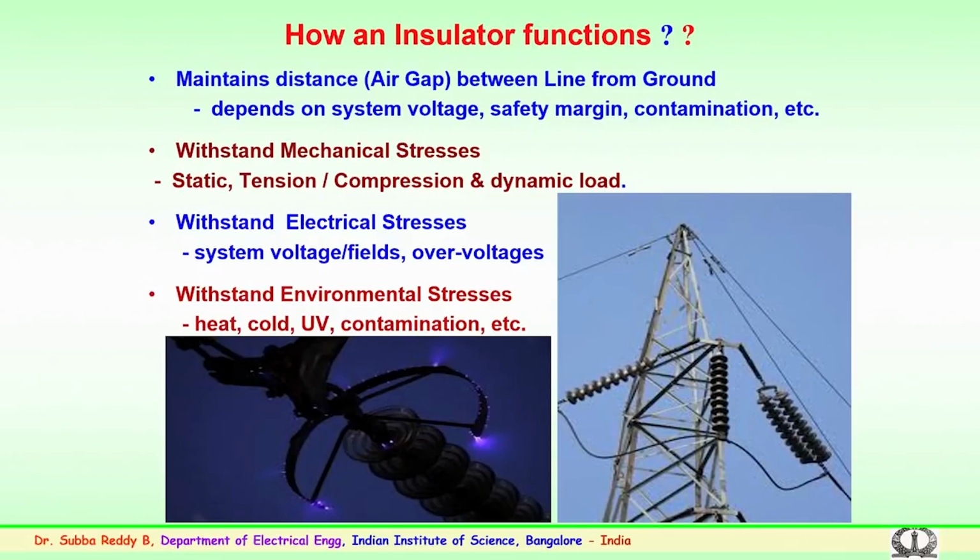Apart from lightning over voltages and switching over voltages, normal working power frequency over voltages also happen because of some conditions where the line gets disturbed. So, it could be because of normal conditions, that is the power frequency over voltages, switching, lightning, and performance under various environmental stresses.